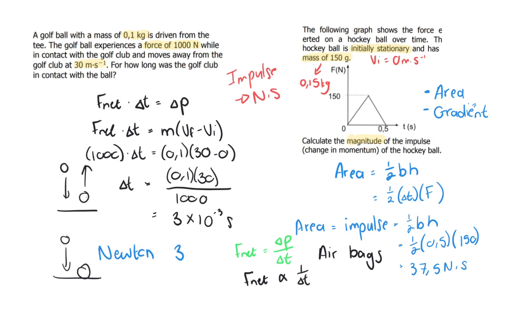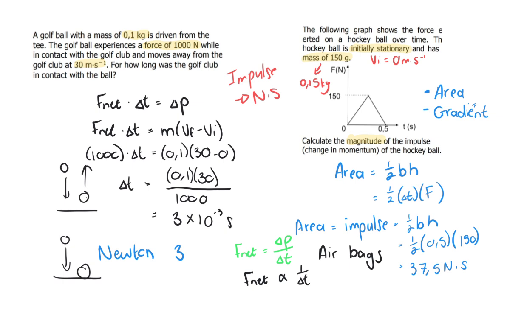So this might be a rubber ball, this might be a clay ball, whatever the scenario is, and then they have to specify that the contact time stays the same. So if the contact time stays the same, we are not looking at that, we are looking at the change in momentum. So what we changed is the speed, and the greater the change in the velocity is, the greater the change in momentum will also be, and the greater the force will be, because these two are directly proportional.